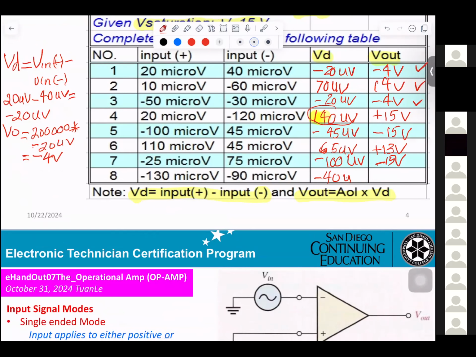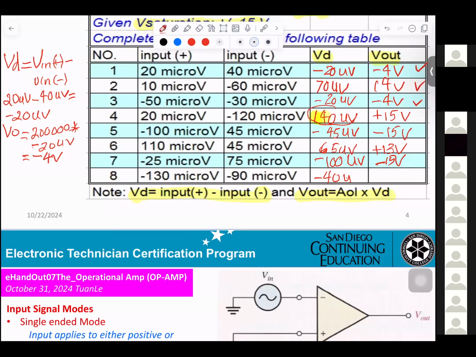Mr. Pham, you forgot to let them know that once they get the VD, they have to multiply it times the AOL. Whatever answer they get from that determines whether it's going to be plus or minus 15, because when they multiply times the AOL, it might be higher or lower than negative or positive 15.